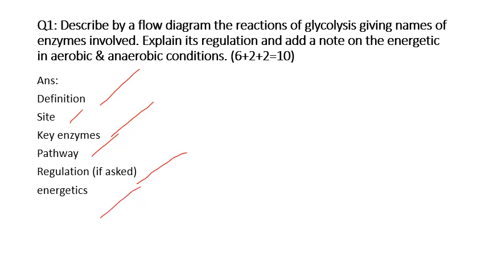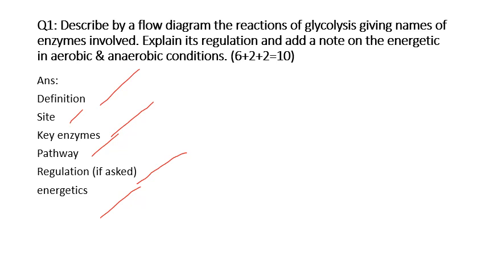So you should have a definite definition for the glycolysis. We know that glycolysis is the oxidative pathway, oxidation of glucose into finally pyruvate. The splitting of 6 carbon glucose into 2 molecules of 3 carbon pyruvate aerobically and anaerobically into lactate. That should be your definition.